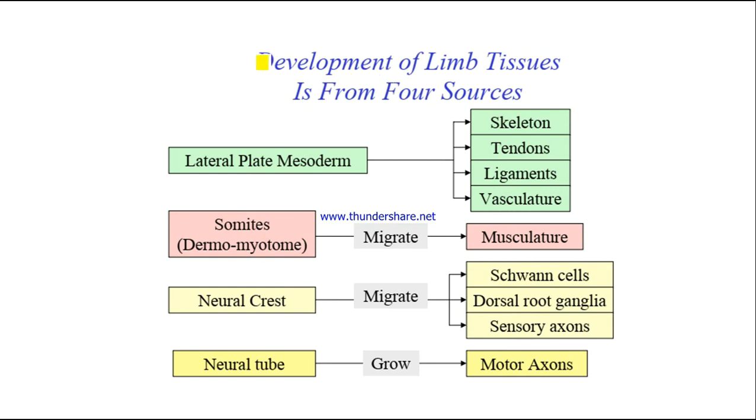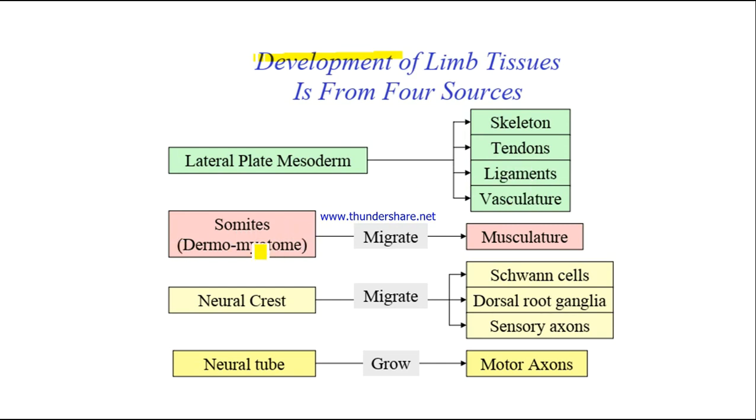It is important to note the development of the limb tissues, and this is going to happen from 4 major sources. We started to talk about the formation in the first video, and we've talked about the basic germ layers and folding. So we've got the lateral plate mesoderm, which is going to give off the structural skeleton, tendons, the ligaments and the vasculature.